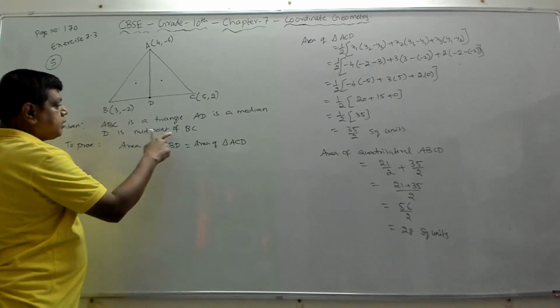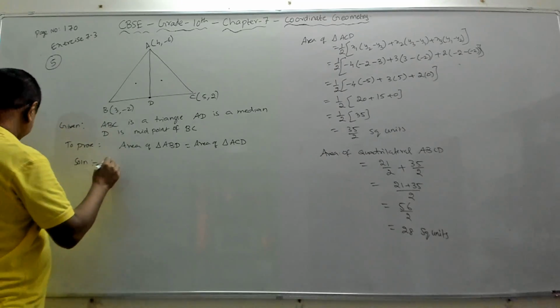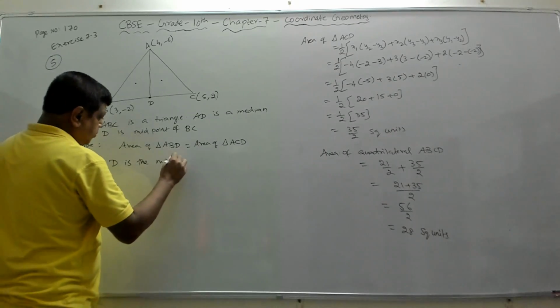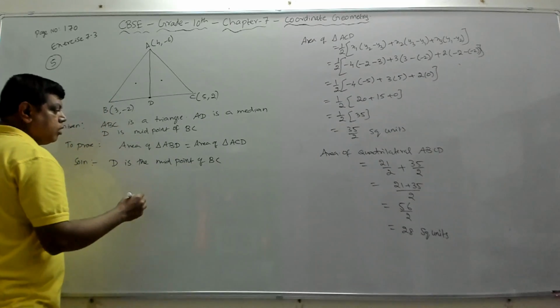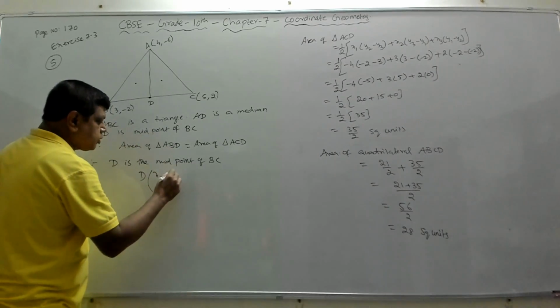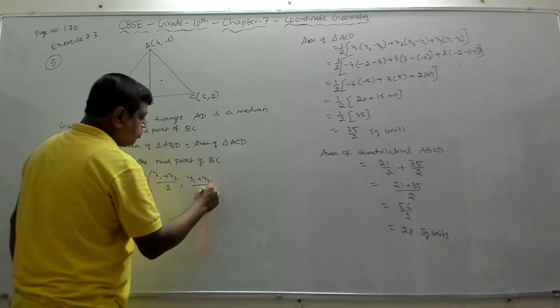We know that D is the midpoint of BC. So the solution: D is the midpoint of BC, and by the midpoint formula D is given by X1 plus X2 by 2 comma Y1 plus Y2 by 2.